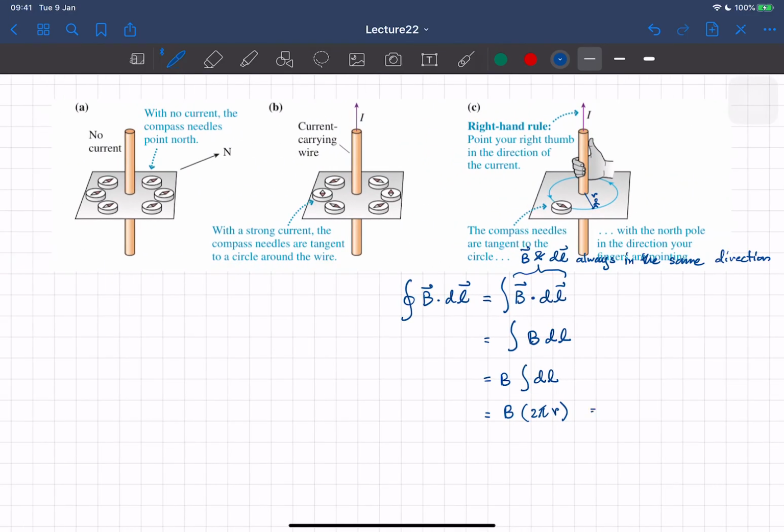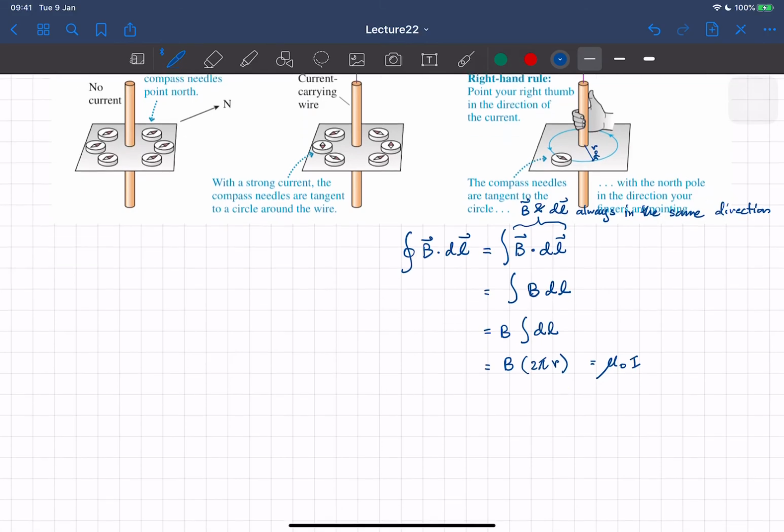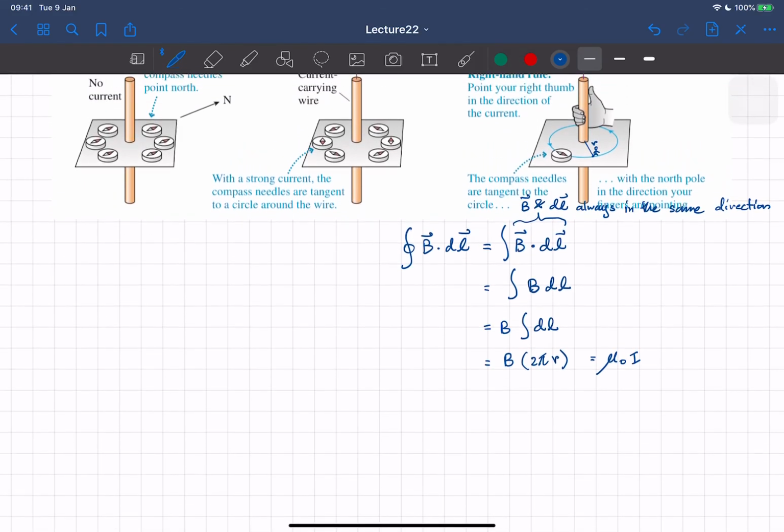And that's equal to mu 0 times I, because that's what Ampere's law says, right? So in this case, we easily showed that the magnetic field from the wire is equal to mu 0 times I divided by 2 pi r.